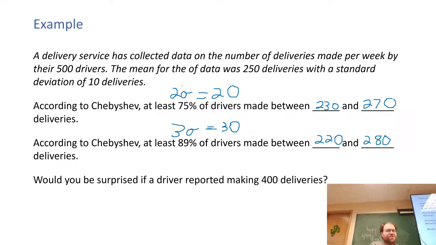So the last question, would you be surprised if a driver reported making 400 deliveries? Yeah, I would be. Because 89% are going to fall between 220 and 280. 400 would definitely be an extreme from that.